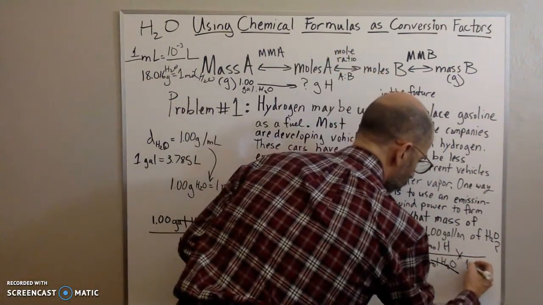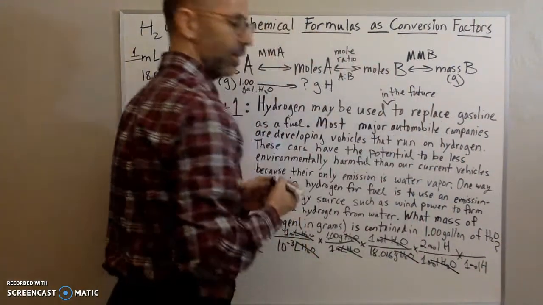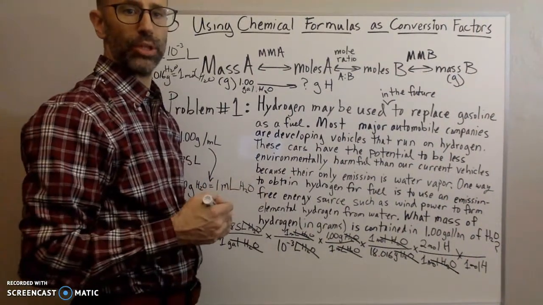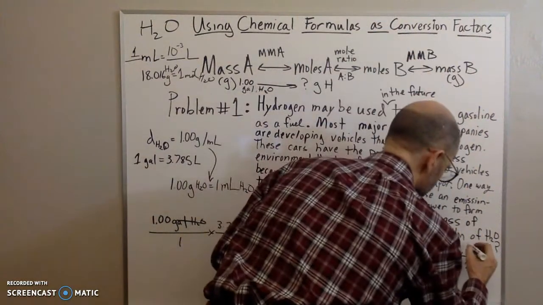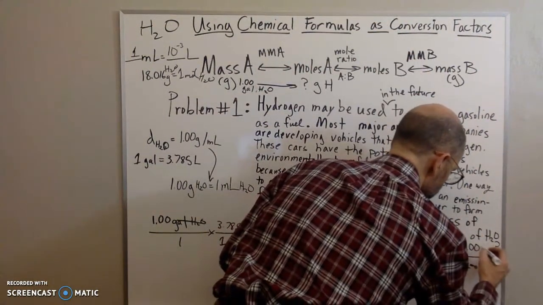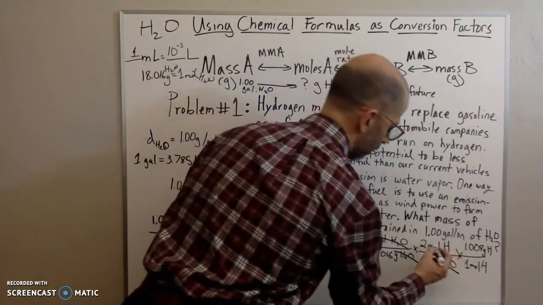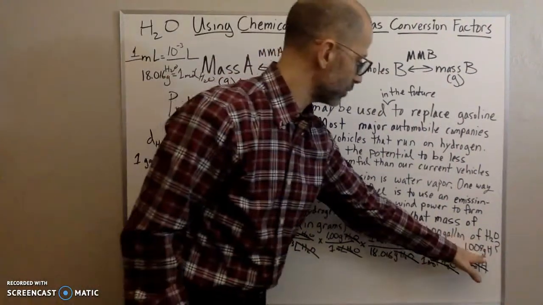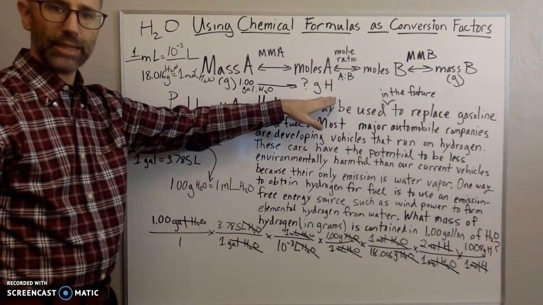I have 1 mole of hydrogen atoms, and the molar mass is 1.008 grams for every 1 mole. And that's going to go on top. So 1.008 grams of hydrogen. Moles of hydrogen cancel out. Now I have grams of hydrogen, which is what they're asking me for.